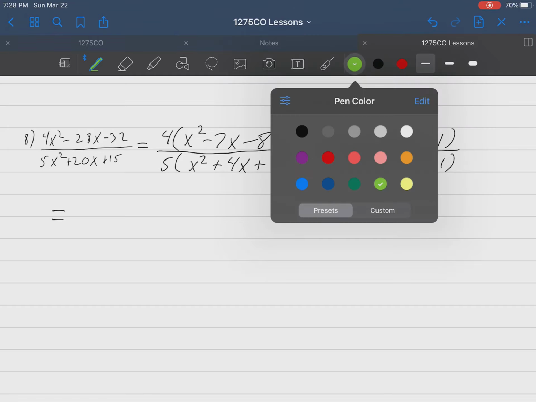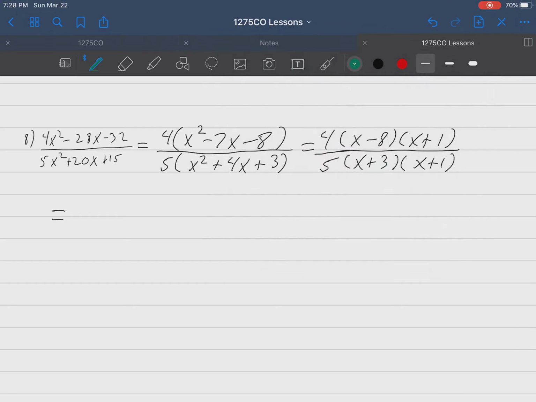So what's going to cancel? Let's use another color because we're in the mood for whatever this is. x plus 1 cancels out with x plus 1. 4 times x minus 8. Oops, that should be a minus. And 5 times x plus 3.